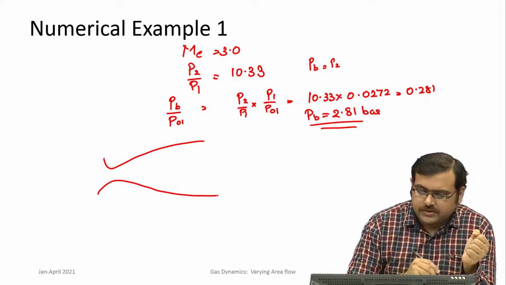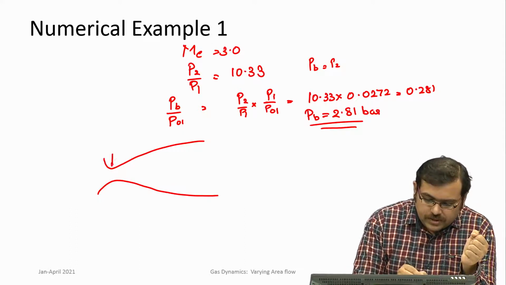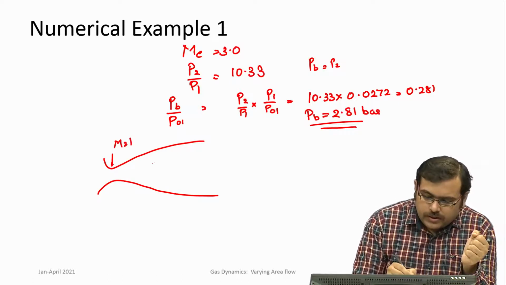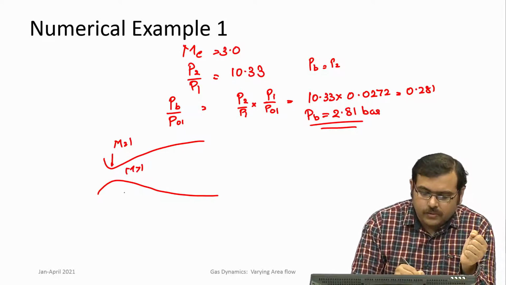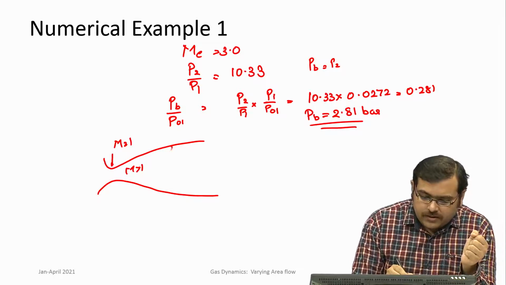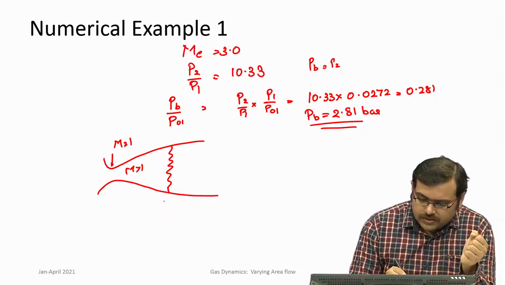If you look at this section, the flow has achieved Mach 1 at the throat. It continues to expand, so M is greater than 1, but somewhere in the nozzle there is a shock. So here there is a shock sitting at a certain area ratio.